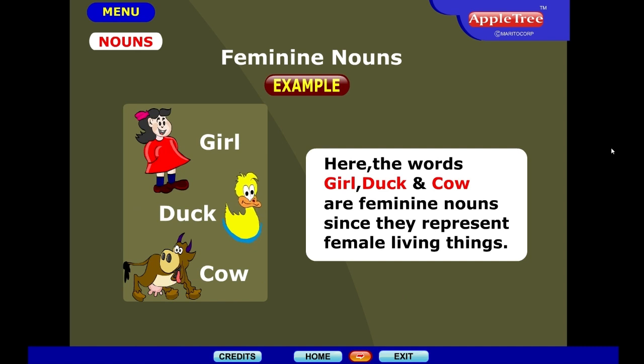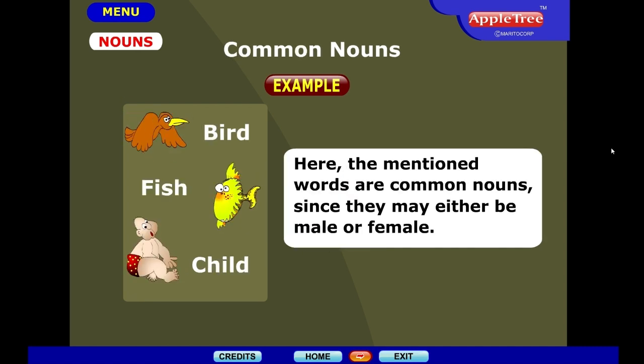Here are some examples for feminine nouns: girl, duck, and cow. Here the words girl, duck, and cow are feminine nouns since they represent female living things. Look at the examples for common nouns: bird, fish, and child.